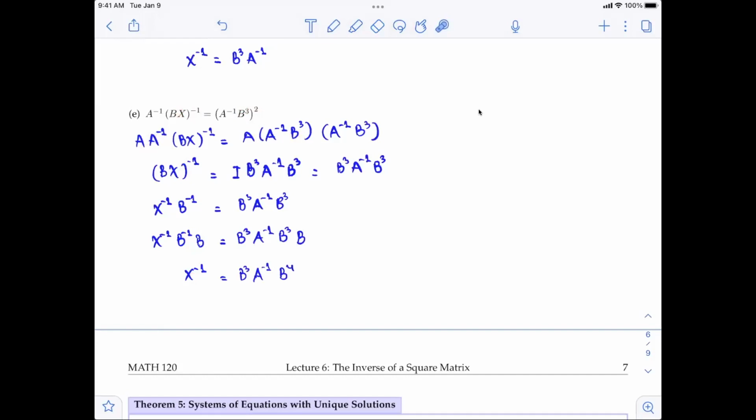And to get rid of the inverse, you just take the inverse on both sides of the equation, and this is what you get. So X becomes B cubed times A inverse times B to the 4 altogether inverse.